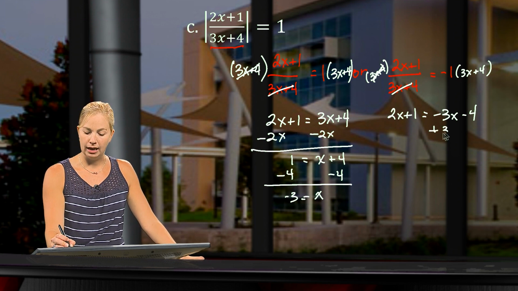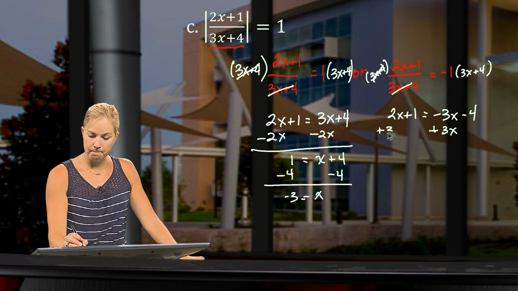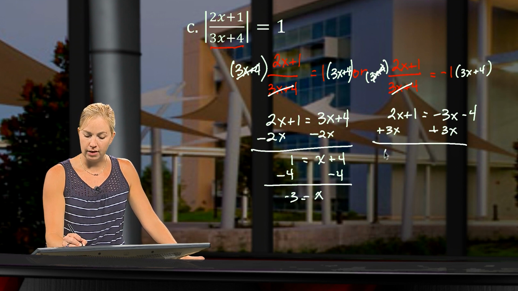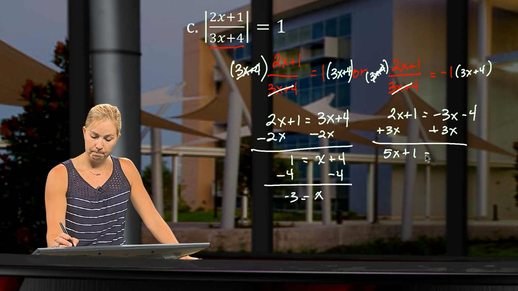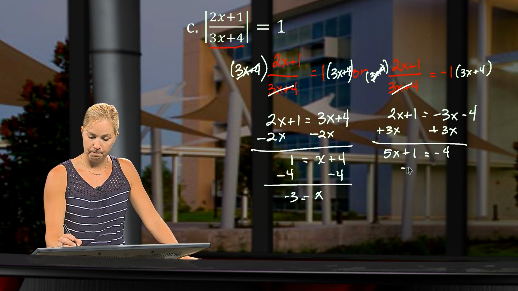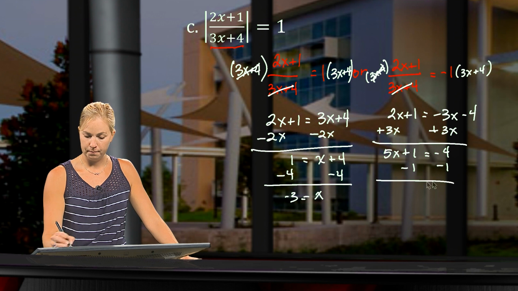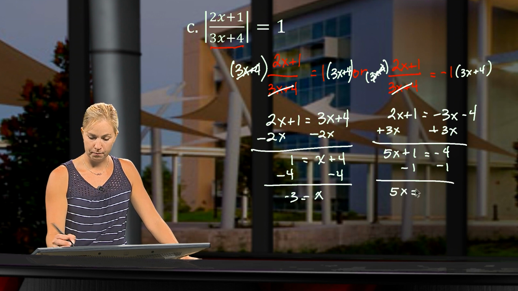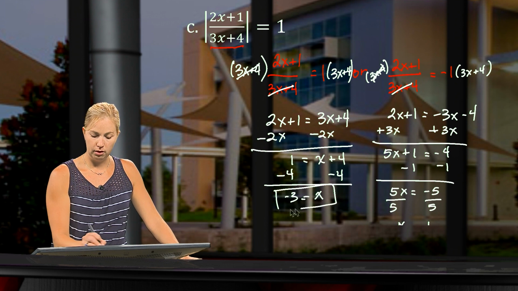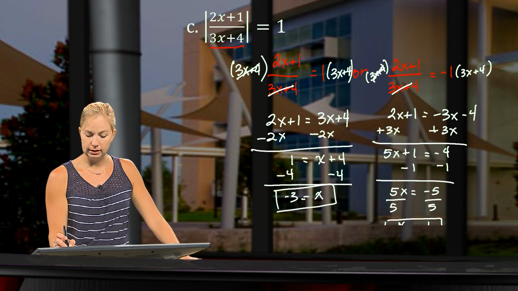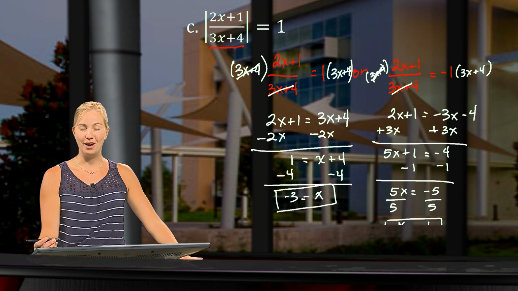I'm going to start by adding 3x. I do this because then I got a nice, pretty positive 5x. We get x equals -1. So here are our two solutions, -3 and -1.